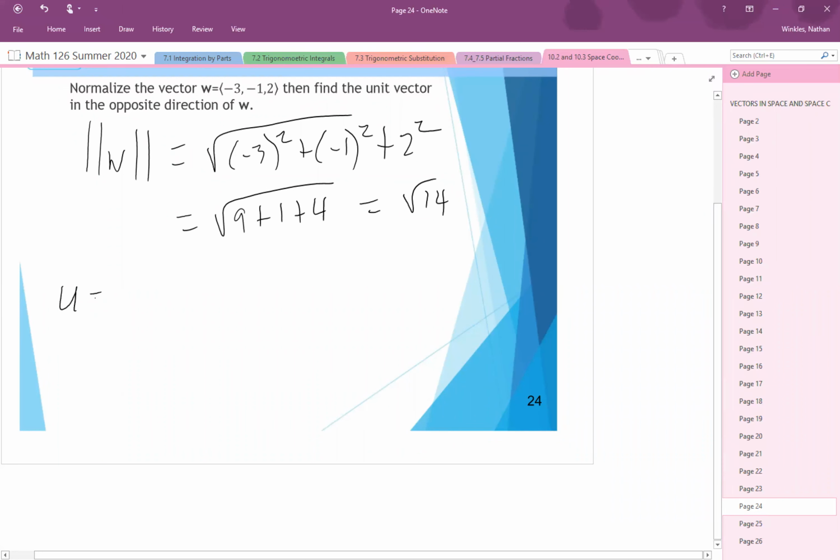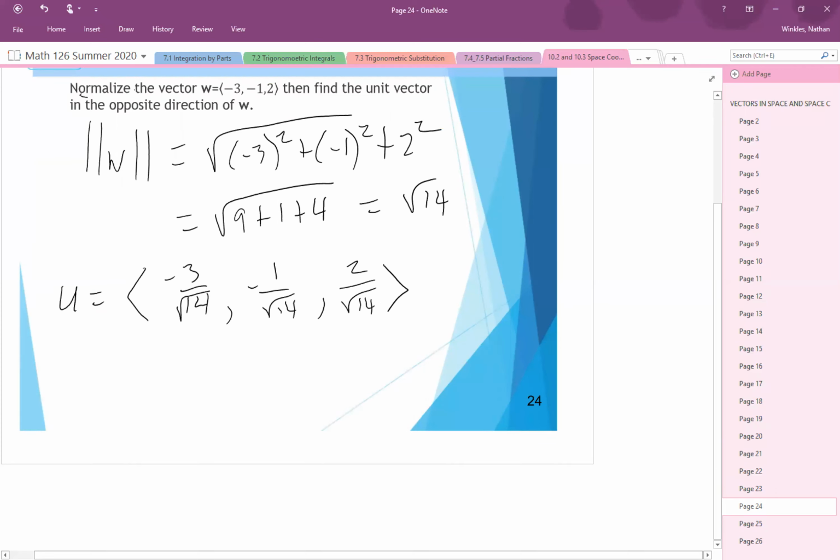So our unit vector u is the vector negative 3 over root 14, negative 1 over root 14, and 2 over root 14.